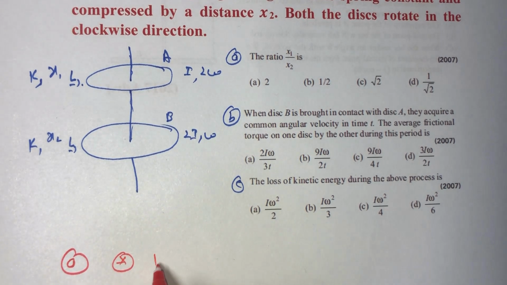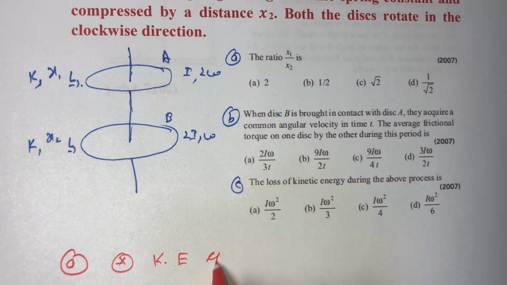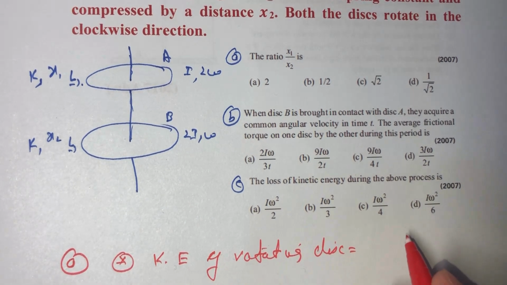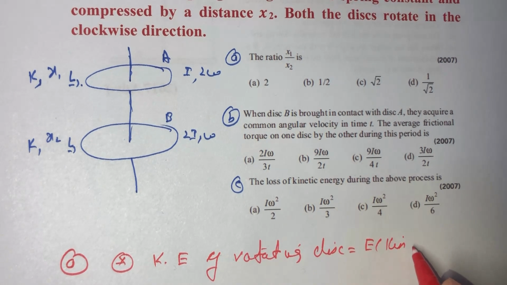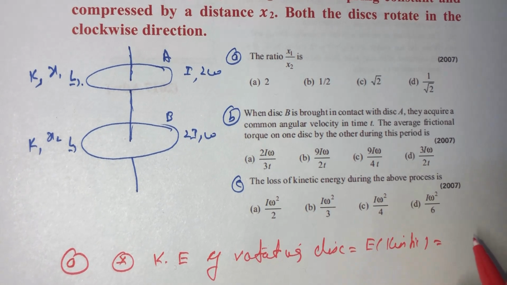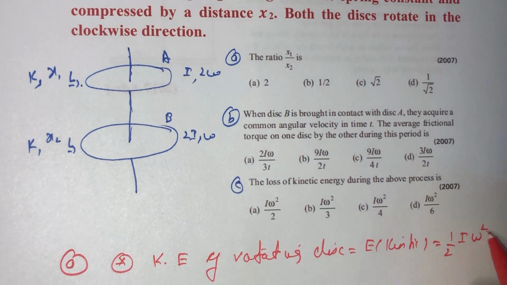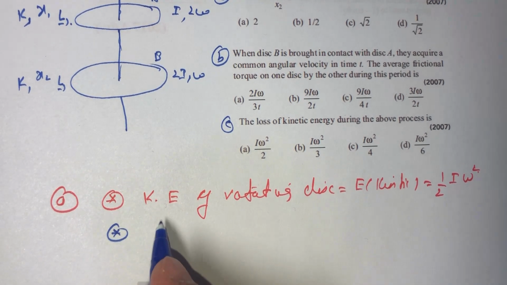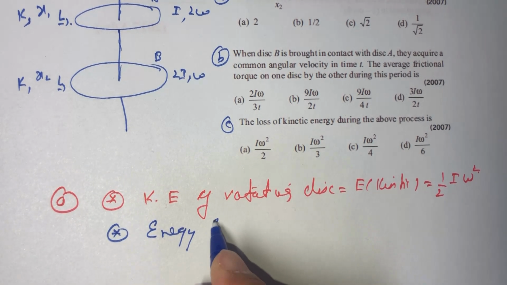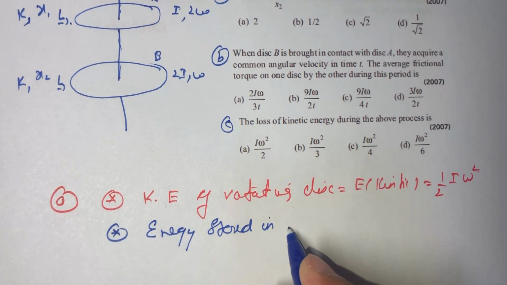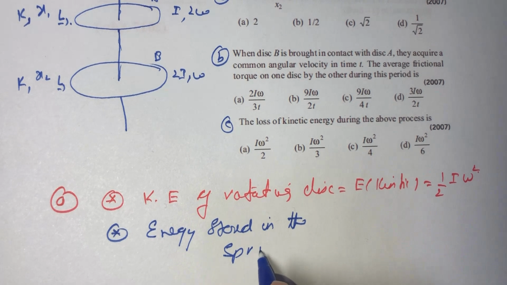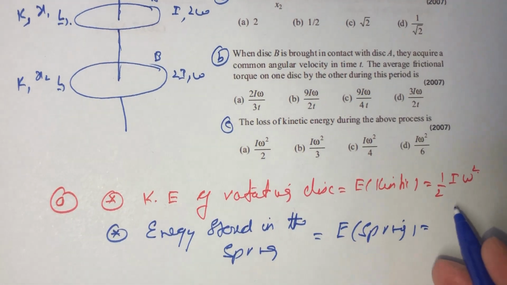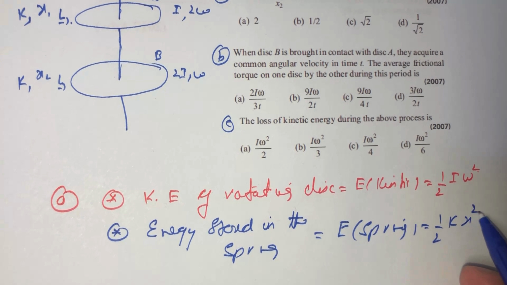So we know the formula that kinetic energy of a rotating disk, let us suppose given as E kinetic, will be equal to half moment of inertia times omega square, and energy stored in the spring, let us suppose given as E spring, will be equal to half k x square.